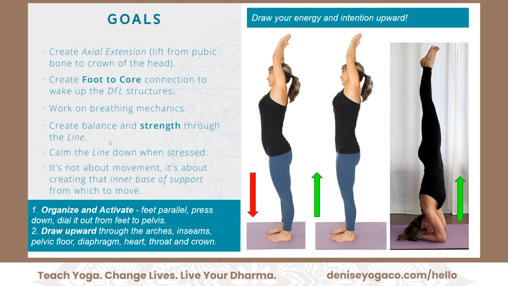Because you turn that on once you organize and activate. So you really need to have organization and activation down, and then you're really going to have an easy time to find that arch of the foot, inseam of the leg, pelvic floor, lower belly, and on up the chain of the body.